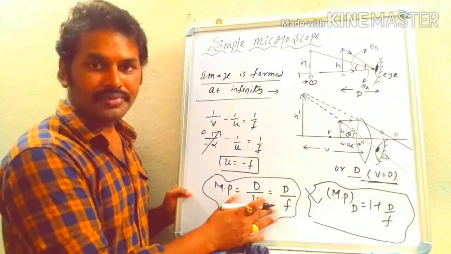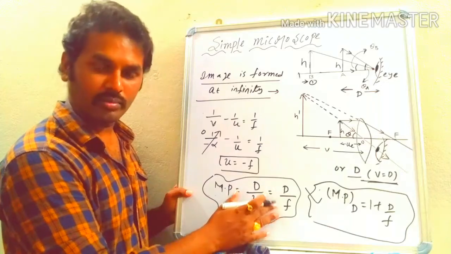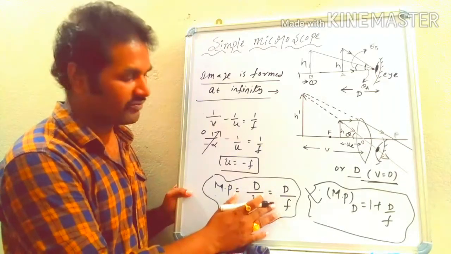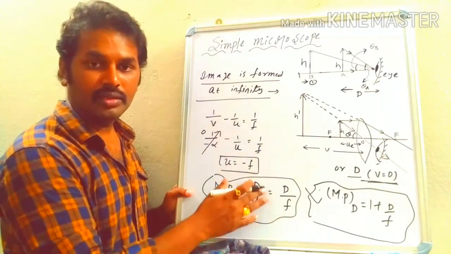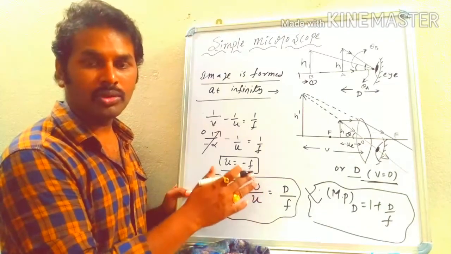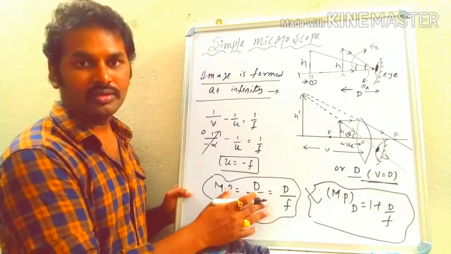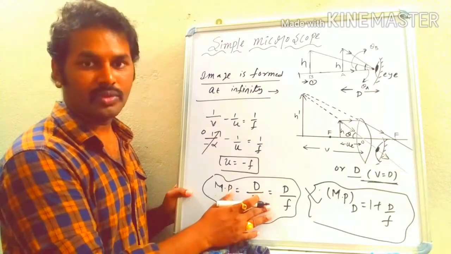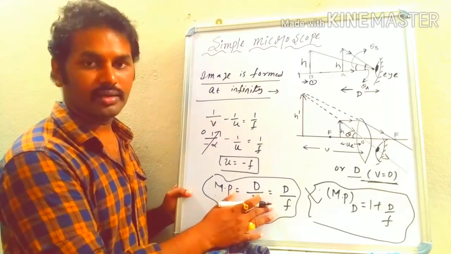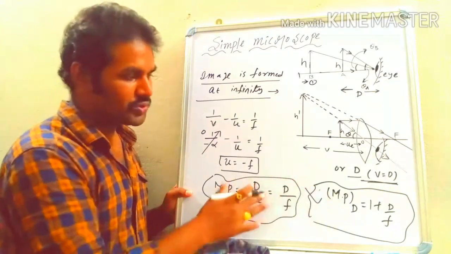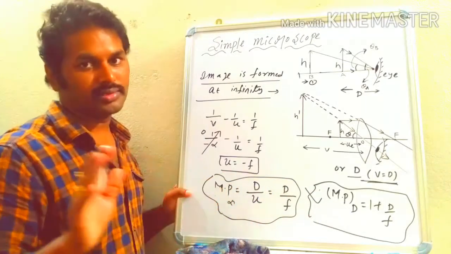And here the magnification is somewhat smaller, but the eyes are in the most relaxed state. There we can see the object very clearly. So which one we choose depends on us.